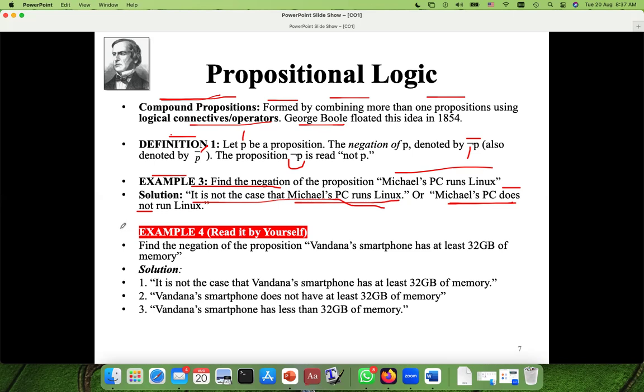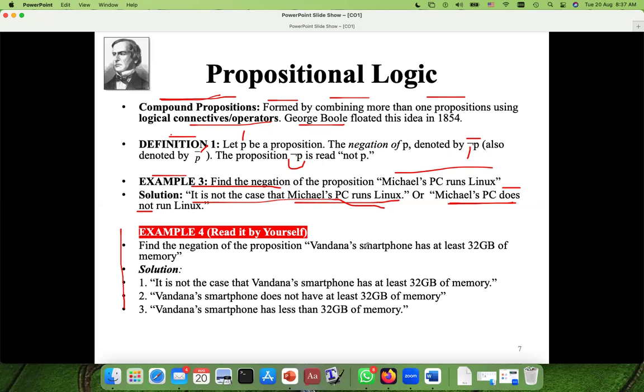So now example 4 is similar. Find the negation of the proposition: Vandana's smartphone has at least 32 GB of memory. This is the name of some person, maybe a female. So this is a proposition. Find the negation.